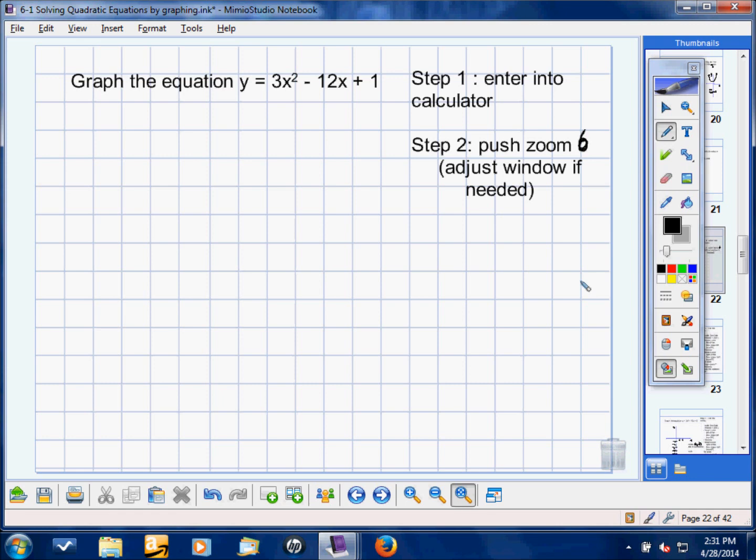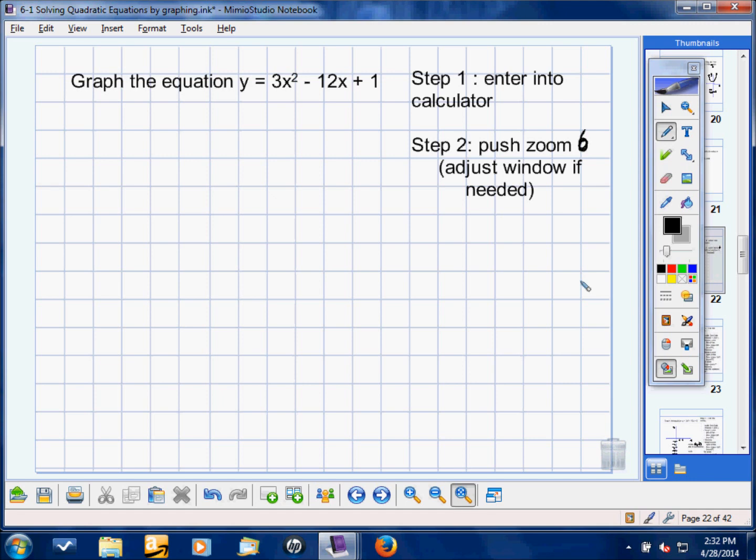We do need to adjust this because we're missing the bottom of our parabola, right? It says adjust if needed. Where do we need a little bit more room? The bottom. So you need to push your window button.